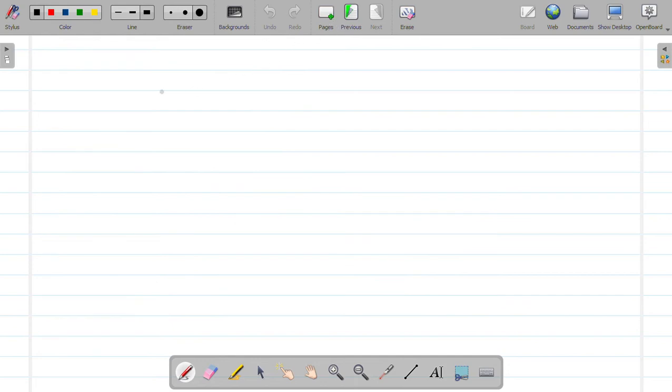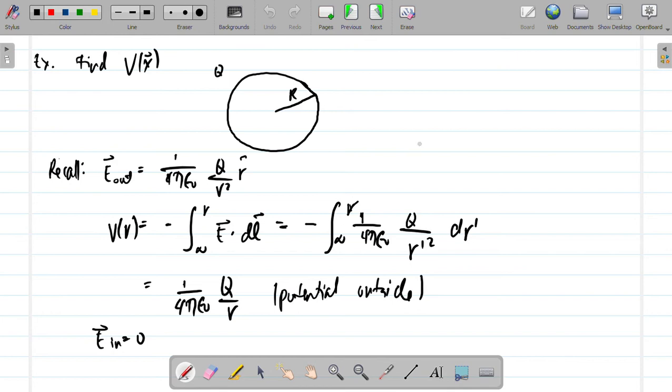Isa pa pala, kung outside, tignan nyo, manggagaling akong infinity, pupunta ako at some point R. Tama? Pero kung potential inside yung hanapin ko, from infinity, pupunta ako sa surface, then tatagos ako paloob.